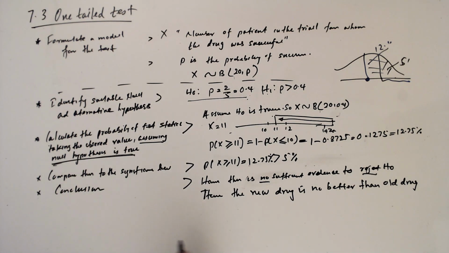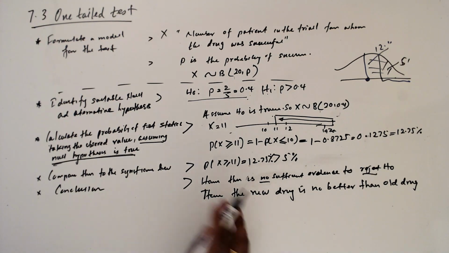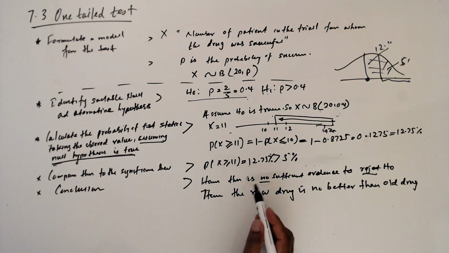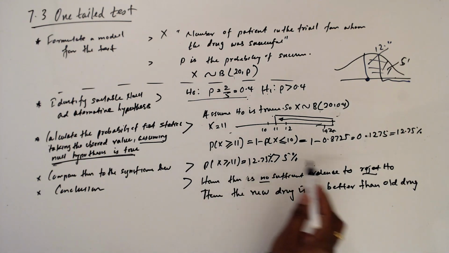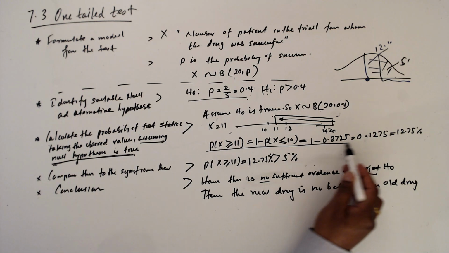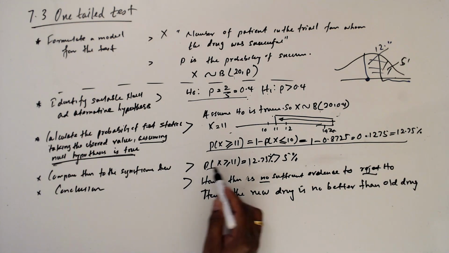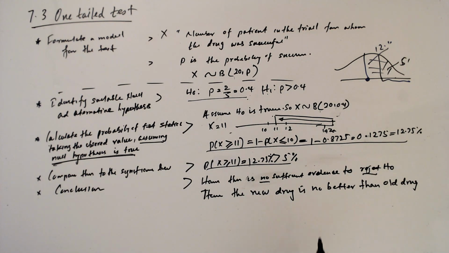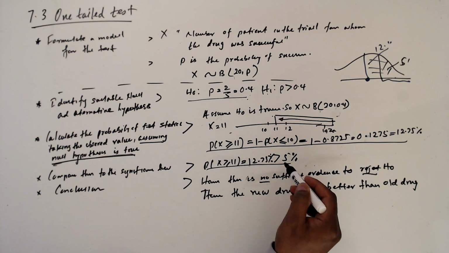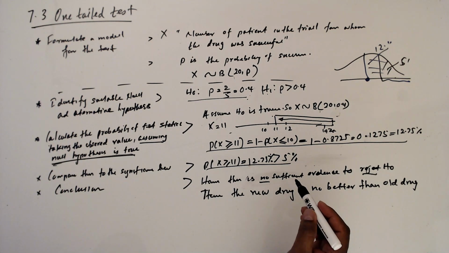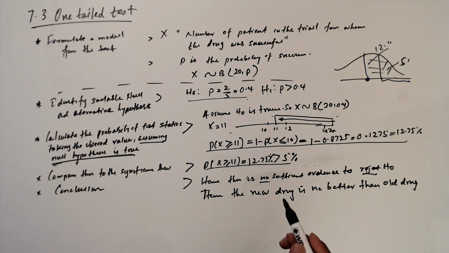Now here you can see that this is method 1. Method 2 has the same setup, but instead of this calculation part, we work with the probability here. Usually it is easy, but in this case we can work with the critical values and the values in the critical region.